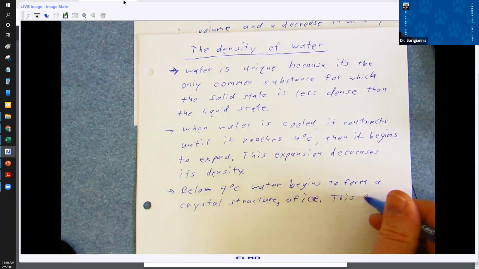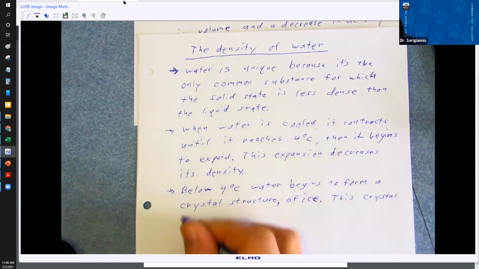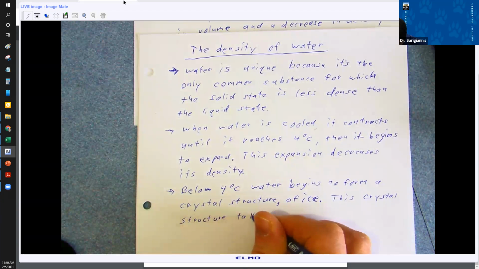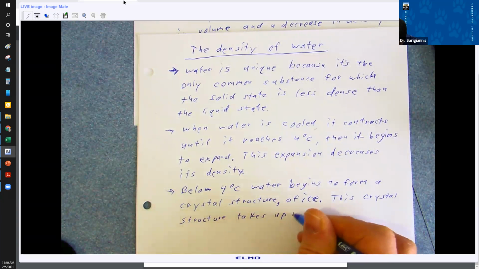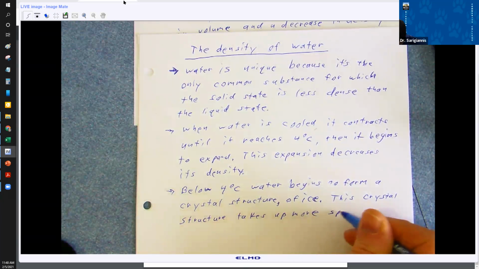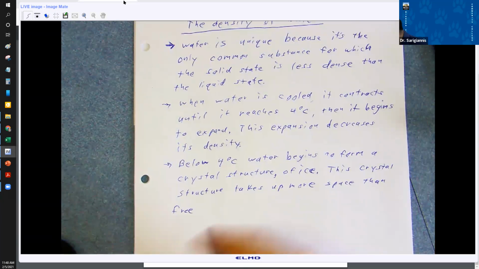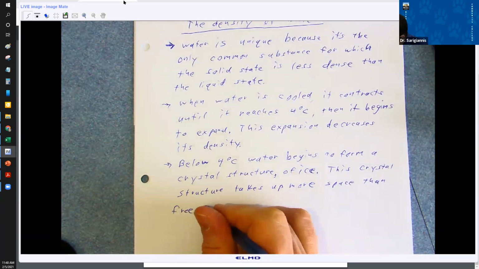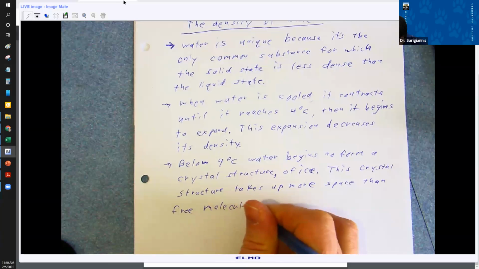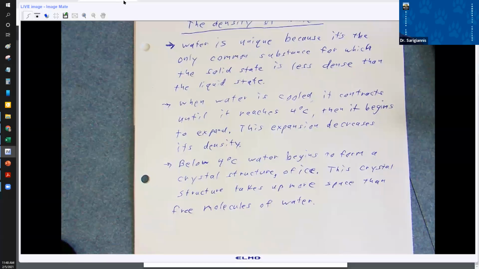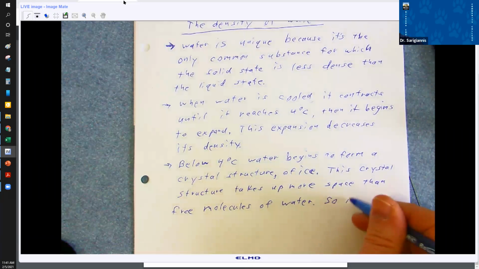So this crystal structure takes up more space than free, we'll say free molecules of water. So it expands.